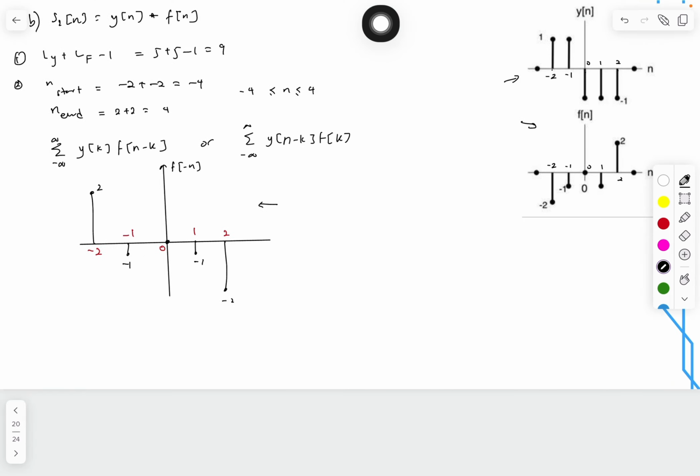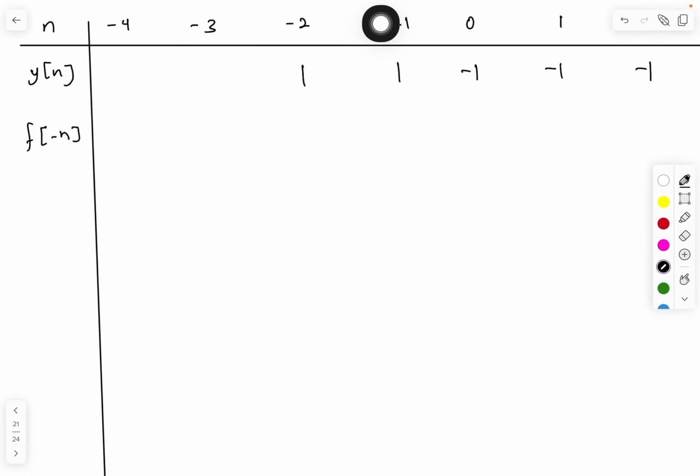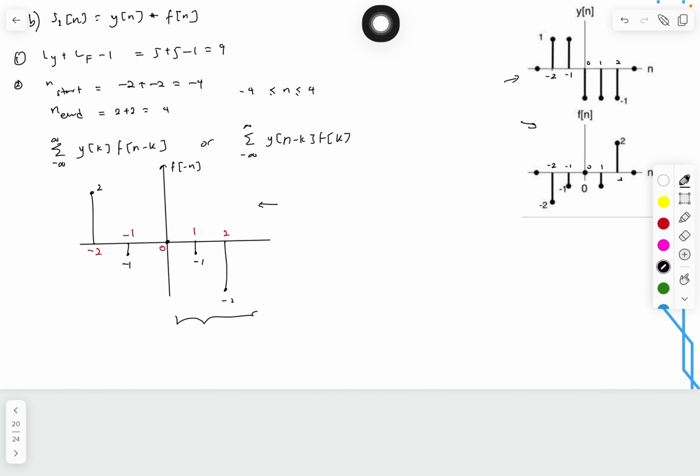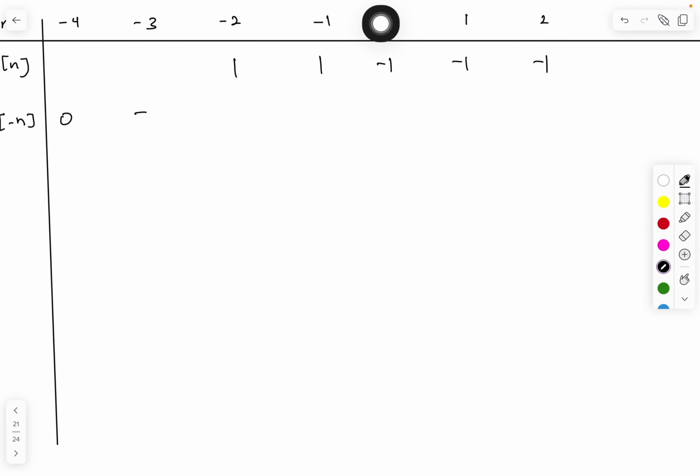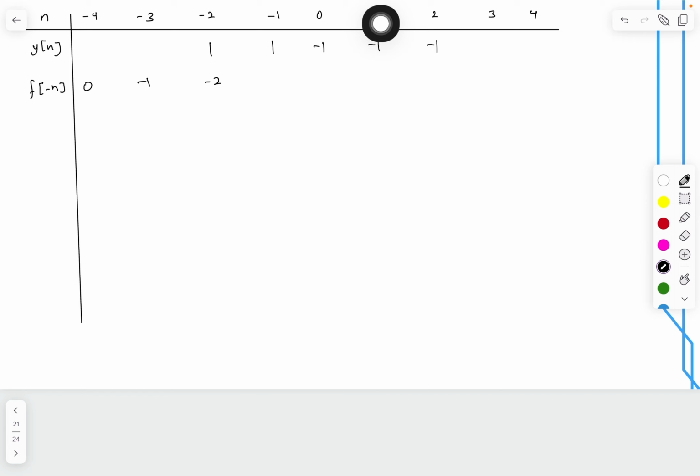So only this portion is going to appear. This is the position of the new 0, and the amplitude at 0 is 0. So we put the amplitude at 0, and then we put this amplitude, followed by this amplitude. So minus 1 minus 2, minus 1 minus 2. And this is the signal that we're going to shift to the right every time.